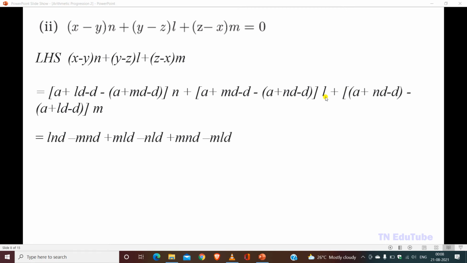So outside the bracket l having, so mld minus nld. Here a and d get cancelled. Outside the bracket m having, so mnd minus mld. Here lnd minus nld cancelled. Minus mnd and plus mnd cancelled, plus mld minus mld cancelled. All the terms get cancelled, you get the answer 0.